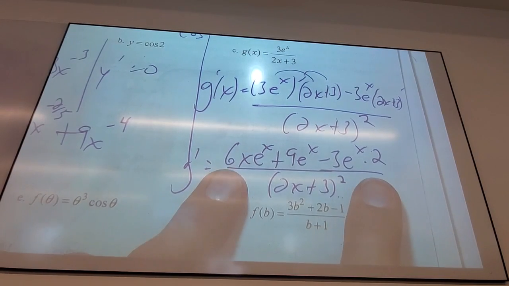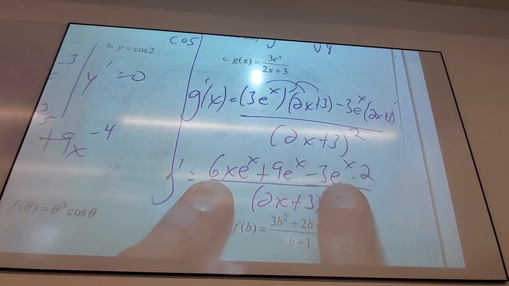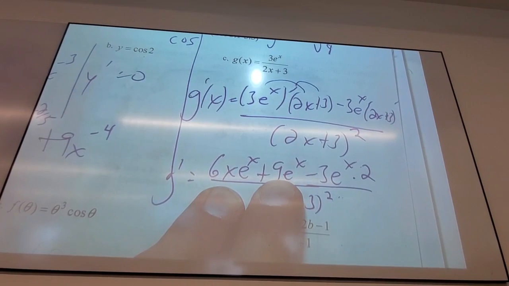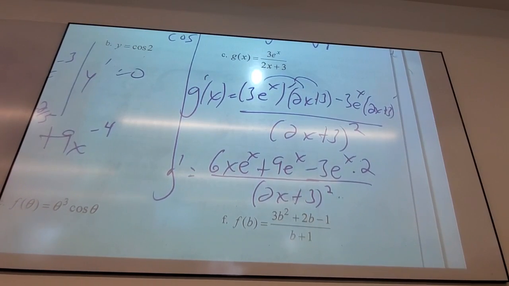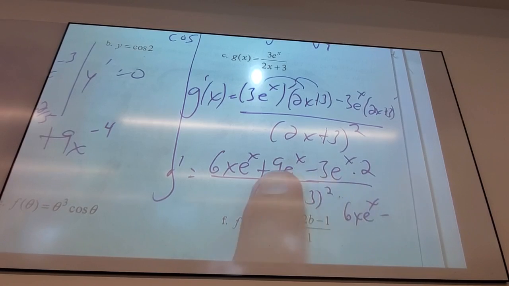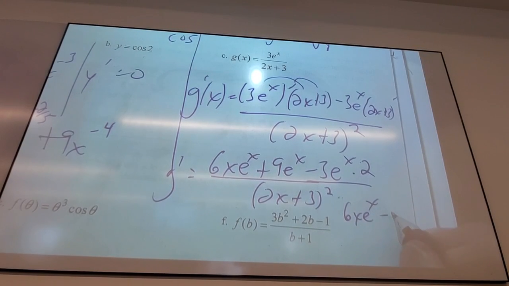And then, do I have any like terms? This is 6e to the x, and I take that away from 9e to the x. So I end up with 3e to the x.